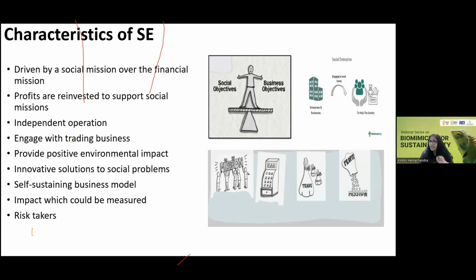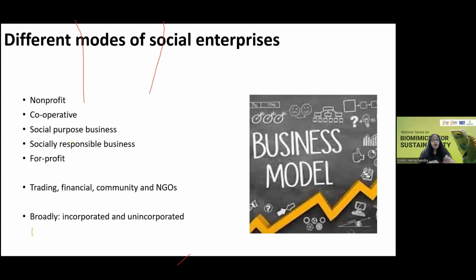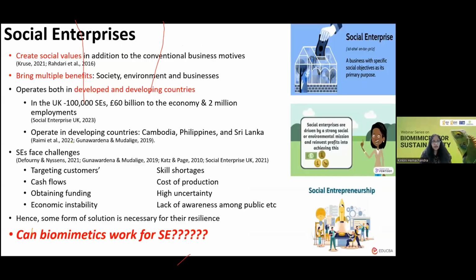So these are some of the key yardsticks you can use when you are trying to see whether this is a social enterprise business or not. Different types of social enterprises can be identified. Some are purely non-profit, some are cooperative, some are social purpose business, some are for-profit business, no harm at all, but they operate in different ways in our society.